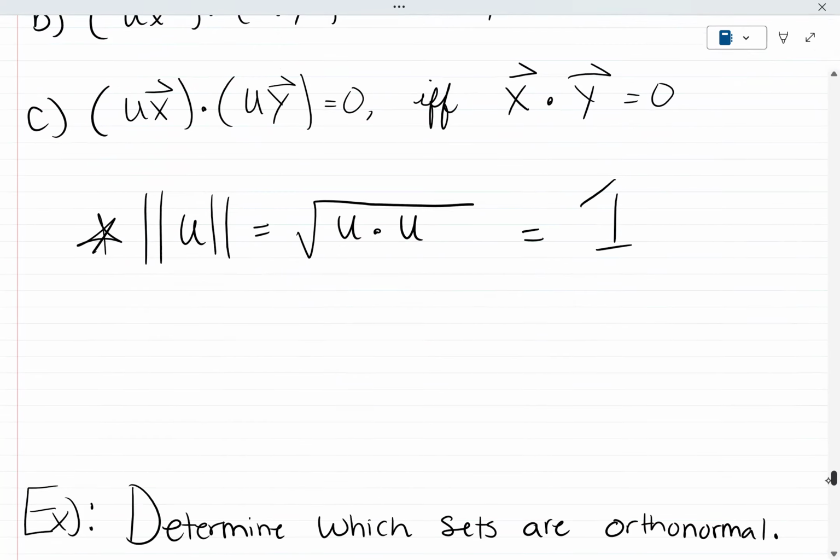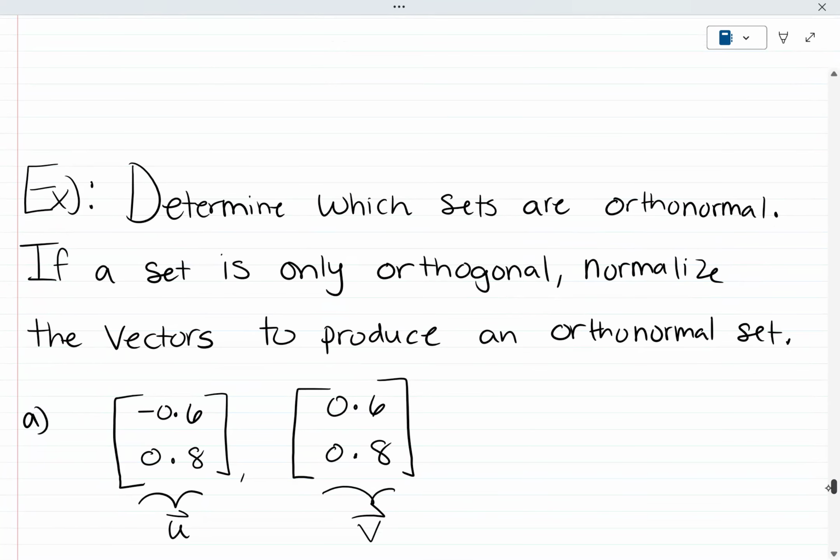Yeah, let's do the last example. So this example says determine which sets are orthonormal. If a set is only orthogonal, normalize a vector to produce an orthonormal set. So let's look at part A. We have these two vectors, vector u and vector v.